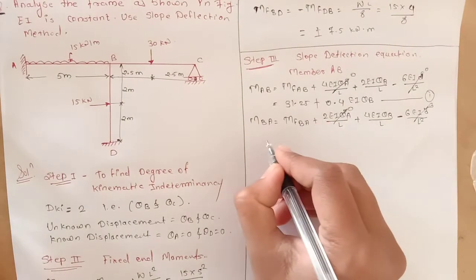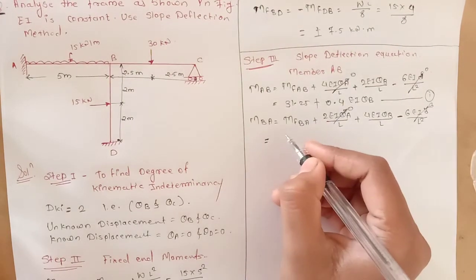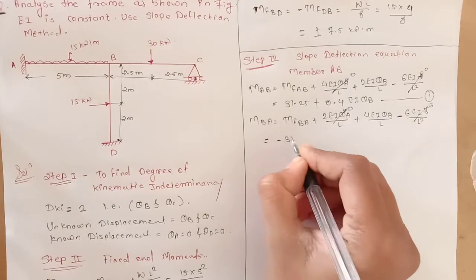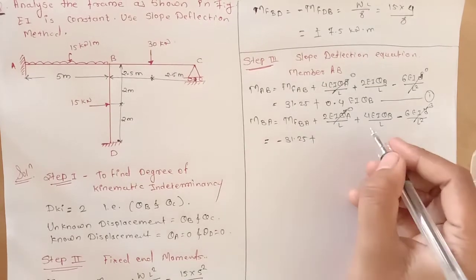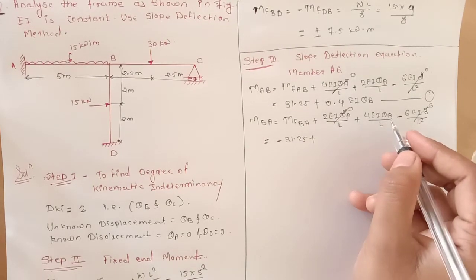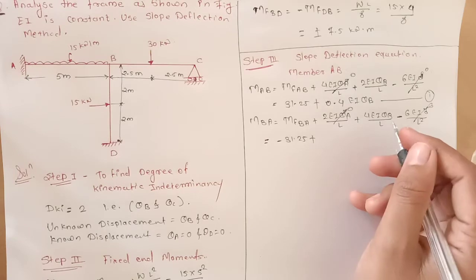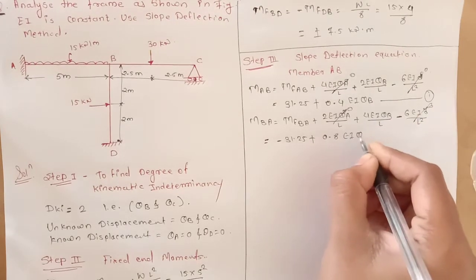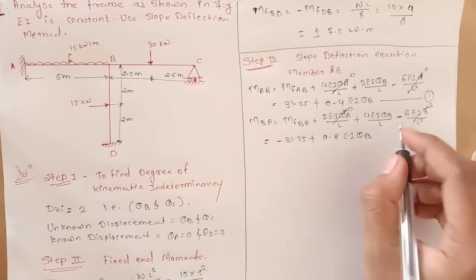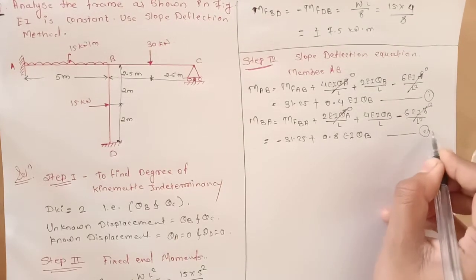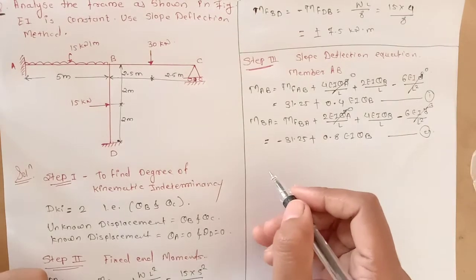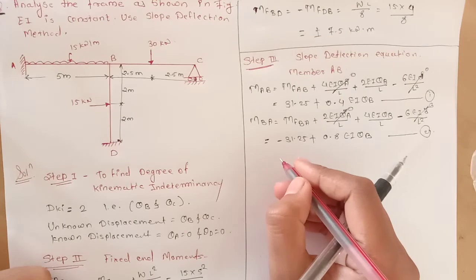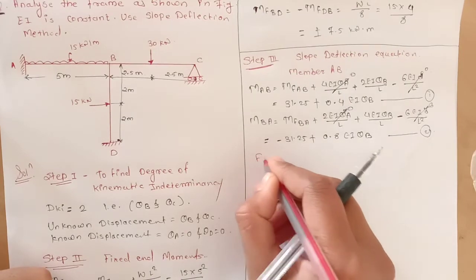So remaining is, we know that the value of fixed end moment for member BA is equal to minus 31.25 plus 4EI theta B divided by 5, which is nothing but 0.8 EI theta B. This is equation number second. Then next, the slope deflection equation for member BC.